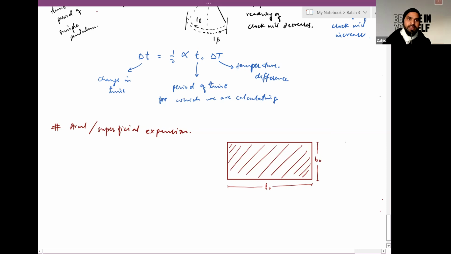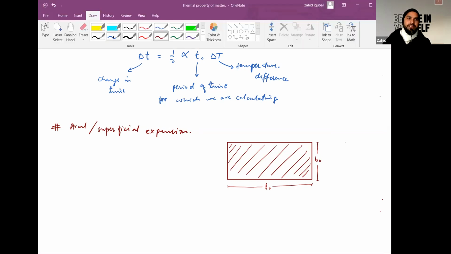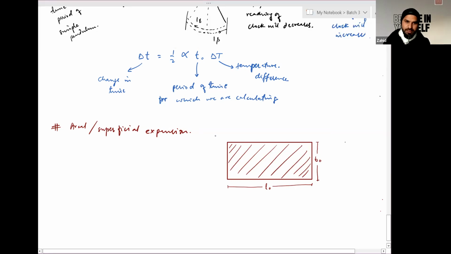So if you raise the temperature of this rectangular sheet, there will be expansion in all directions, in length as well as in breadth. So the whole of its area will increase. So it may acquire this particular shape.